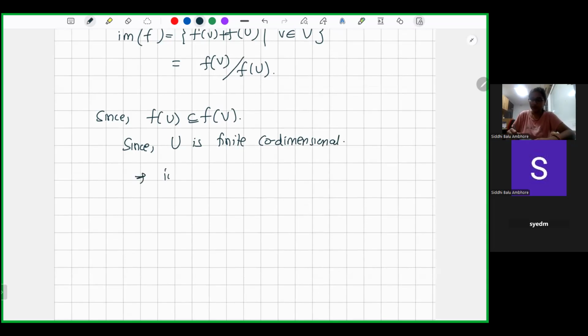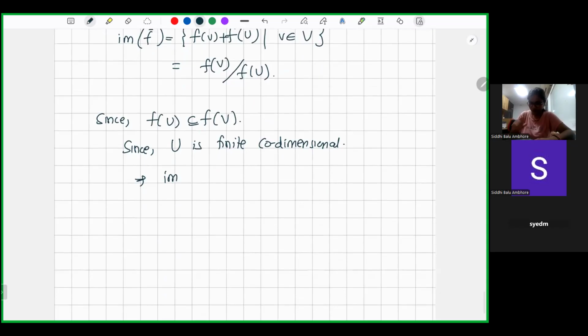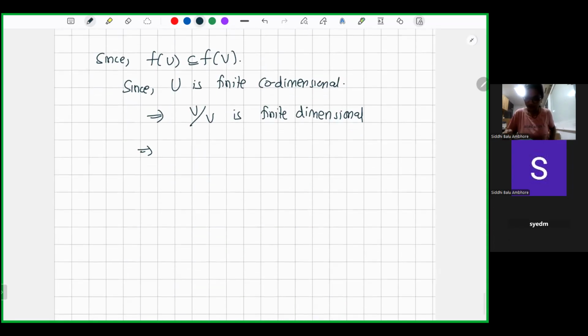So this implies that the image of f bar, so this is finite codimensional. This implies that V quotient U is finite dimensional. This implies that the image of this will be finite dimensional.